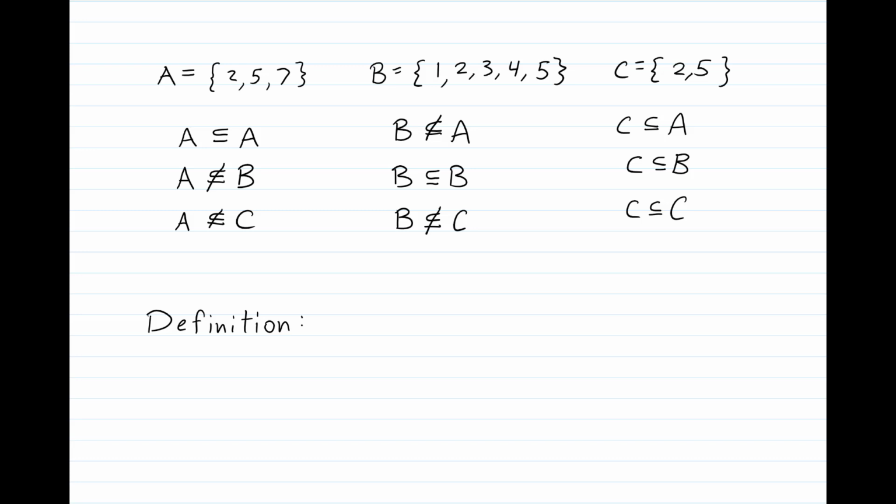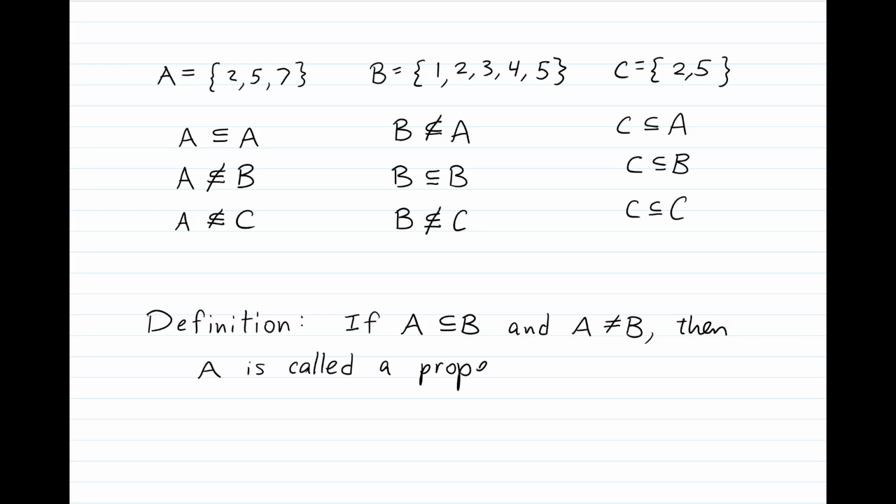Okay, so if A is a subset of B and A does not equal B, then A is called a proper subset of B. And we write it this way.